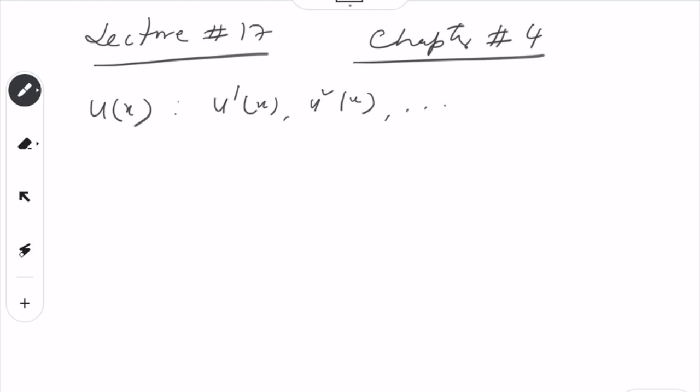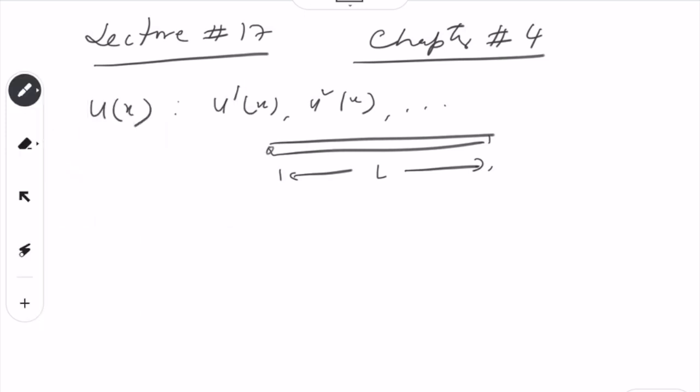We have a total length L, and within that we have some elements, with lengths L1, L2, L3, and within each of them one of them is defined.